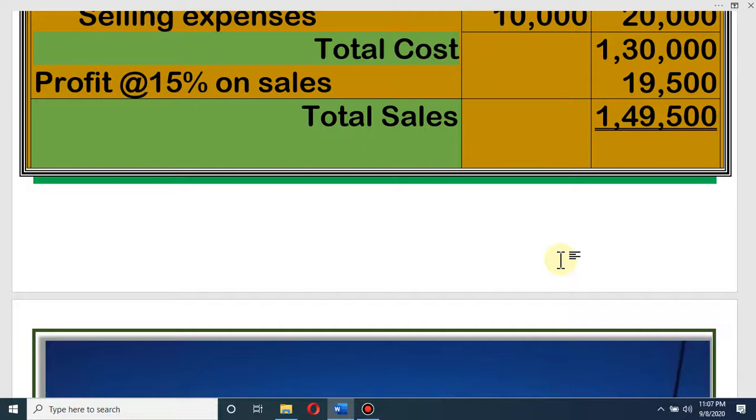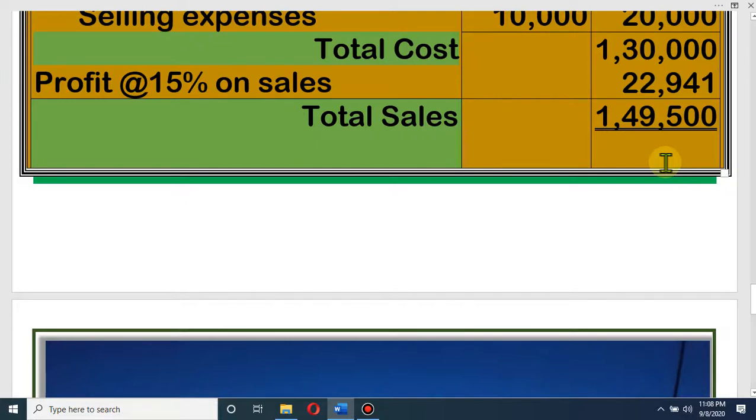It will be 22,941. And then what will be the sales now?